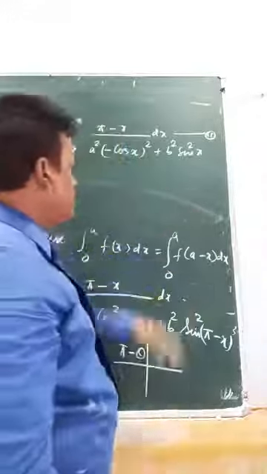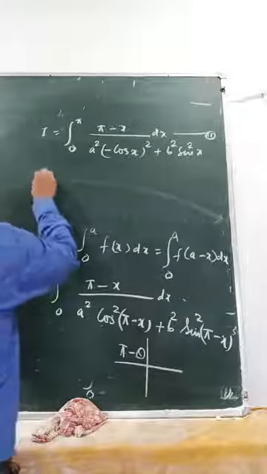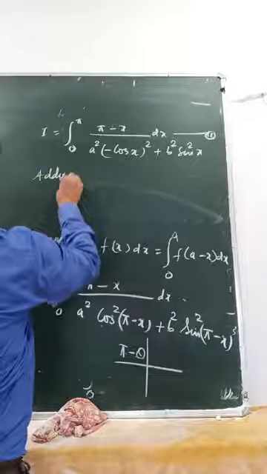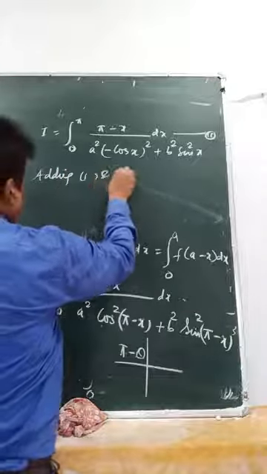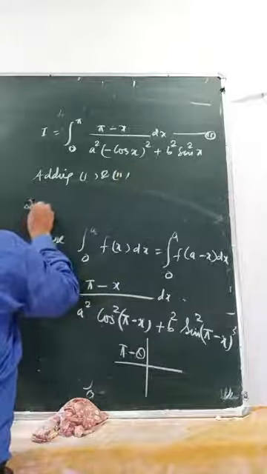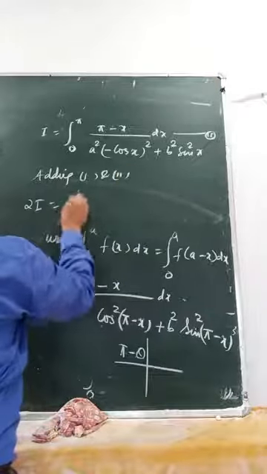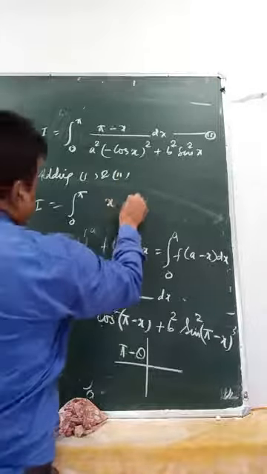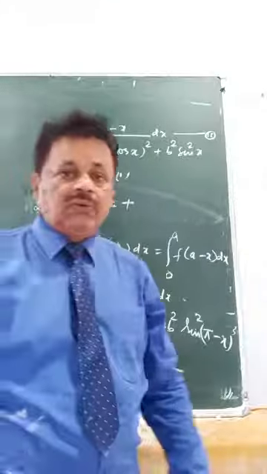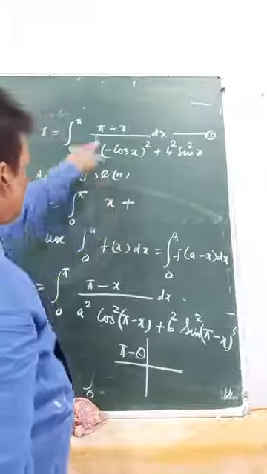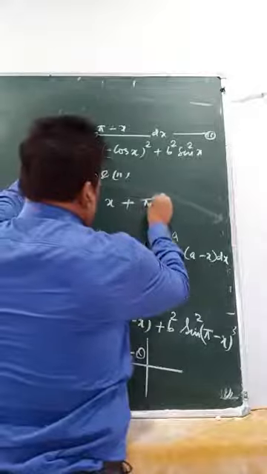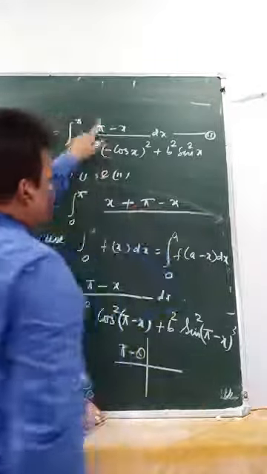That means the denominator becomes same. So adding 1 into 2, you are getting 2I equals 0 to pi, x, previous one, equation number 1, numerator is x. Then pi minus x. Denominator, look at.